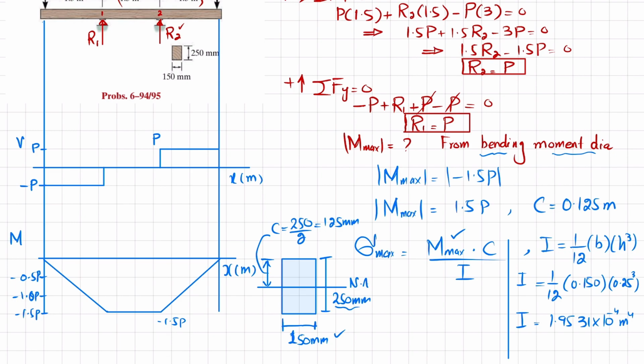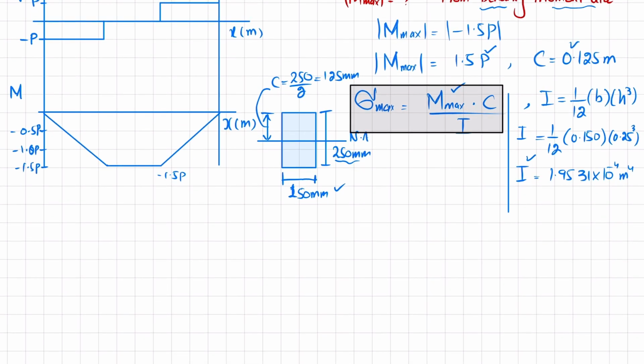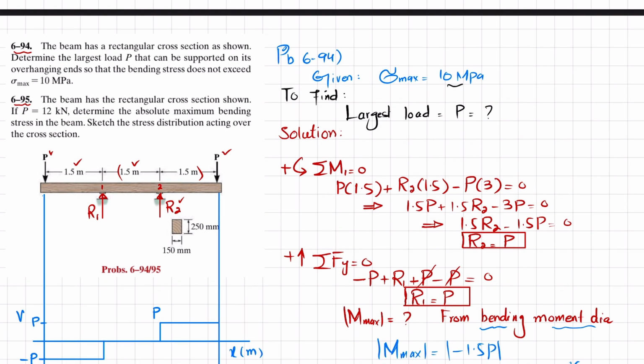Now you have maximum bending moment, you have C, you have I, you can just put it in this formula. Clear? So you will get the required P. So maximum bending stress is equal to maximum bending moment into C divided by I. Maximum bending stress is given as 10 megapascal.